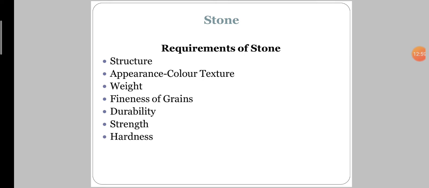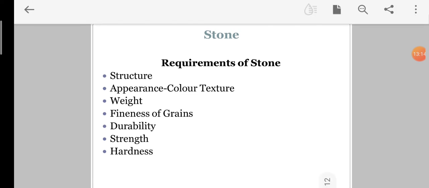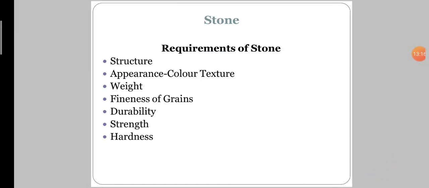Then we point out some requirements of stones: structure, appearance, weight, fineness of grains, durability, strength and hardness. These are some requirements of a good stone.